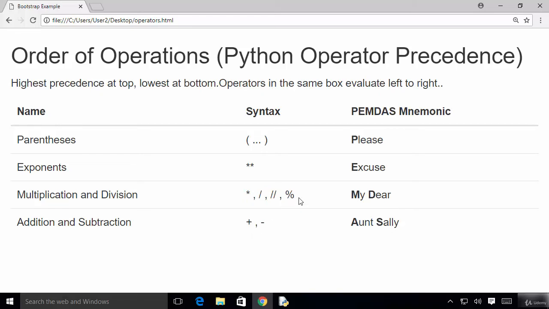But whenever you use operators which are in the same box in the same expression, then whatever operator you use on the left has the higher priority, and whatever operator you use on the right has the lower priority. So in this table, parentheses have the highest priority and the addition and the subtraction have the lowest priority.